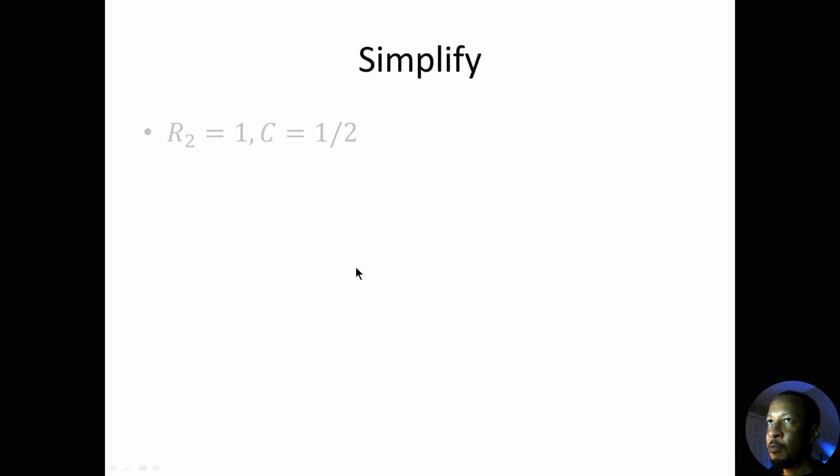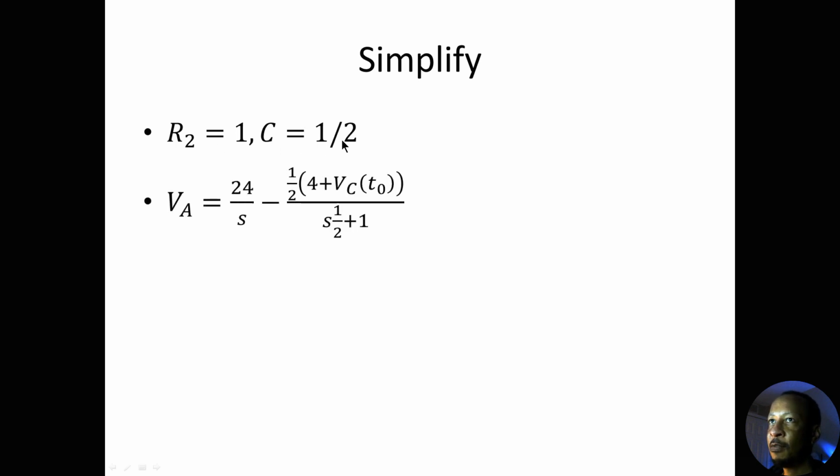Now I'm going to start simplifying some more, and so R2 is equal to 1 in this circuit problem, and C is equal to 1 over 2. Okay, half of a farad and then 1 ohm for resistor number 2. So VA is now equal to 24 over S minus 1 over 2 times 4 plus Vc of t sub 0, all of that divided by S times 1 over 2 plus 1.